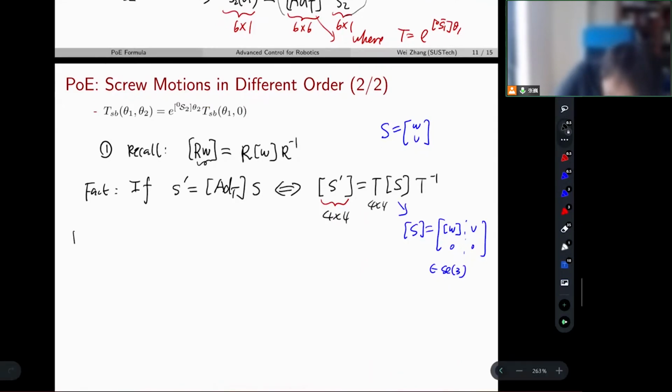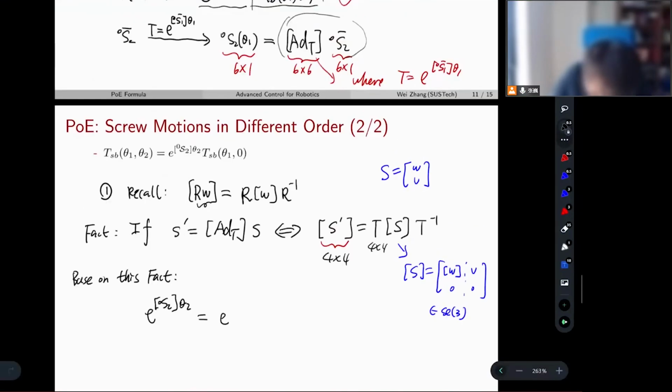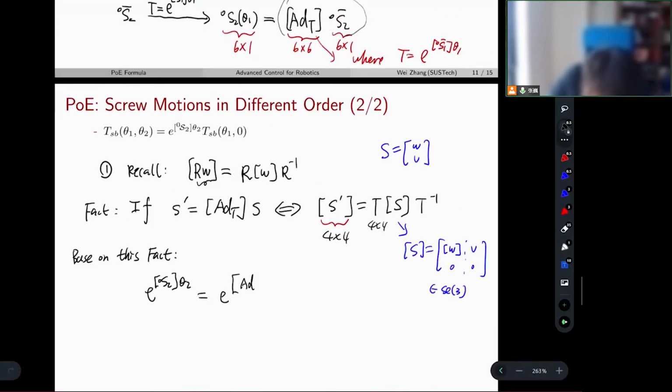Then, based on this fact, we can write this down. e to the S2 0 bar theta 2 is equal to e to the, because this is the adjoint T of S2 0 bar. That gave me another screw axis.